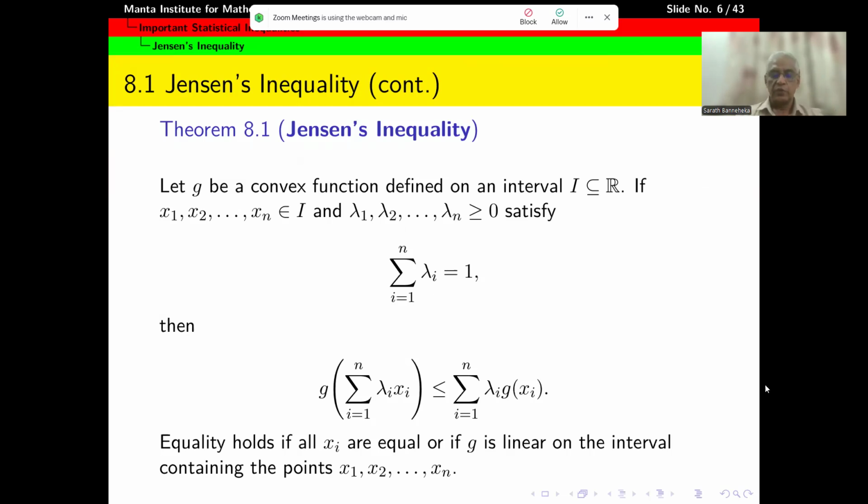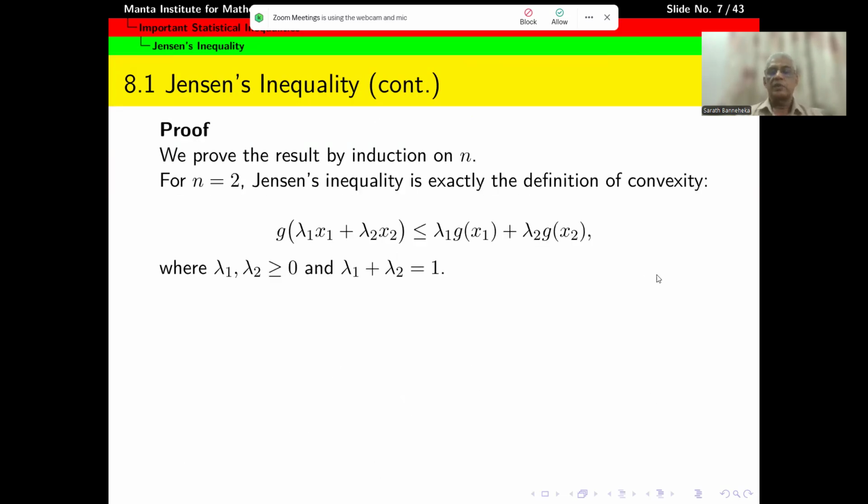So you can easily see that that is the definition of the convex function. For n equal to 2, Jensen's inequality is exactly the definition of convexity.